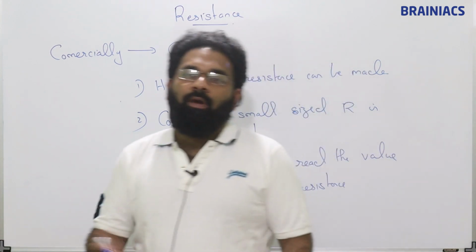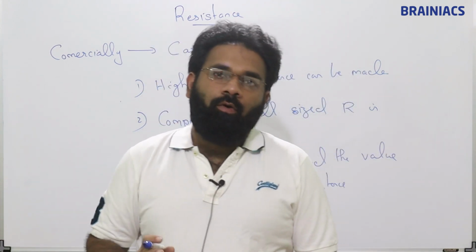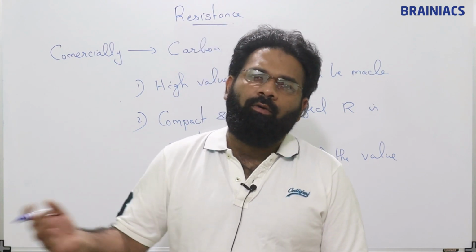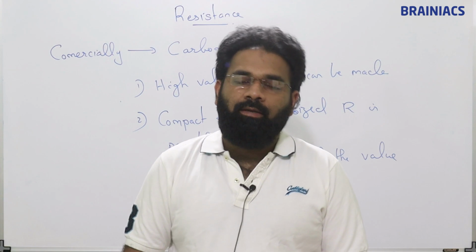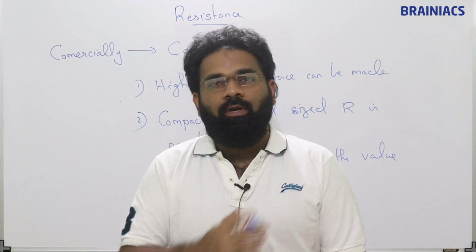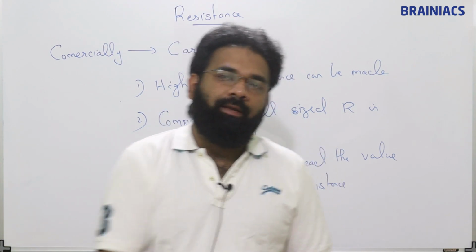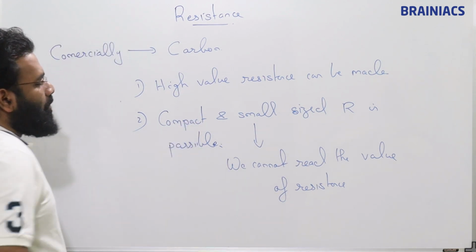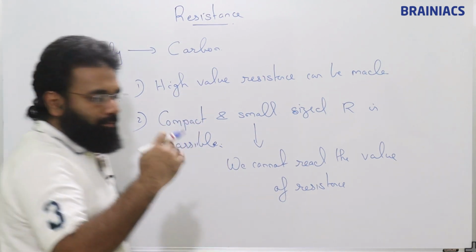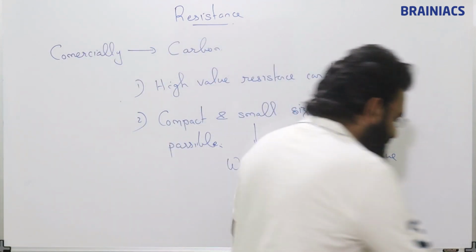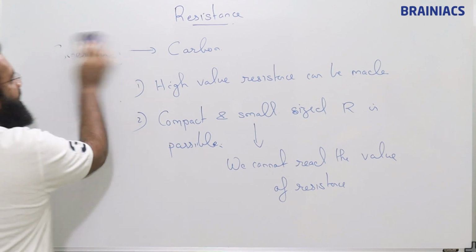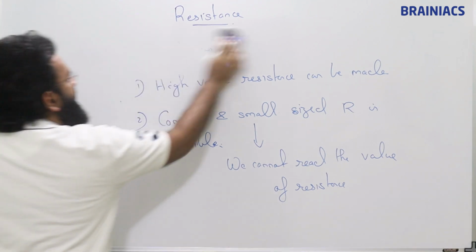Say if we need to write 5 kilo ohm, or 5 into 10 raised to 2, or 50 kilo ohm, it is too small, so we will not have space to write that. To solve this, we use color coding. Colored rings will be there, so that from them we will be able to understand the resistance values.